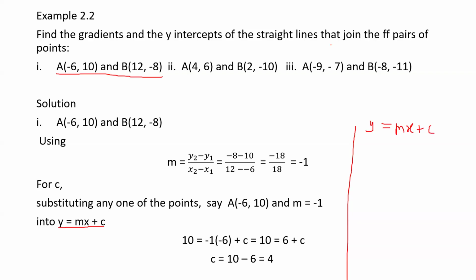Okay? So here, what is y? We don't know y, okay? So y here will be equal to, now you know m, which is -1, so we get negative x, and x is also constant. Plus, now you know c as 4, so plus 4. This is the equation that joins the 2 points.